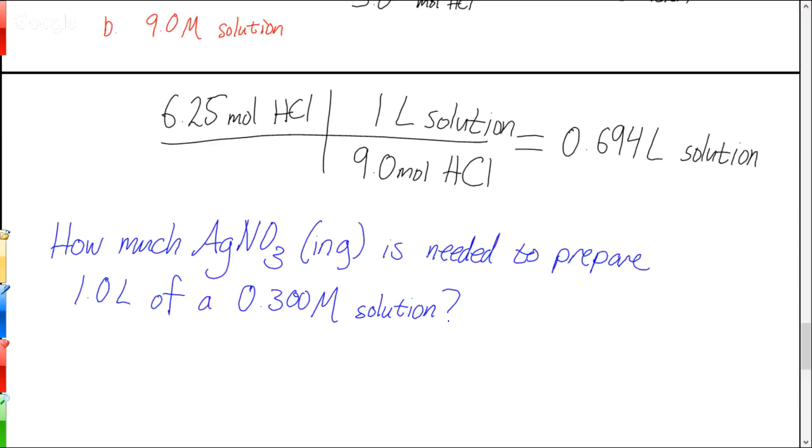Now, this isn't exactly the same as the other ones, but if you think about the definition of molarity, put in your equation there, put in what you know, what you don't know, and then see if you can figure out the unknowns.